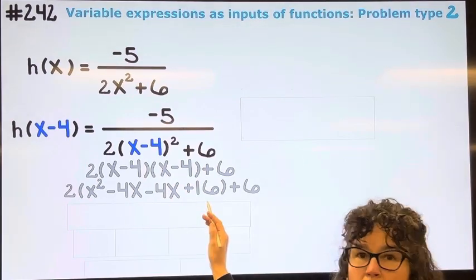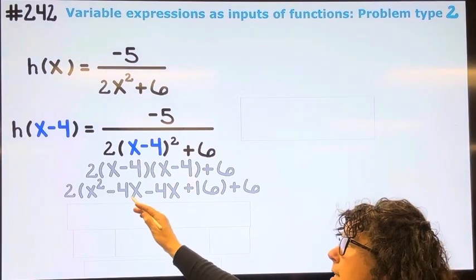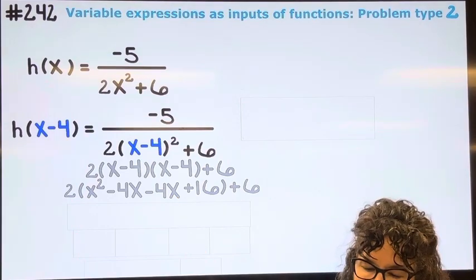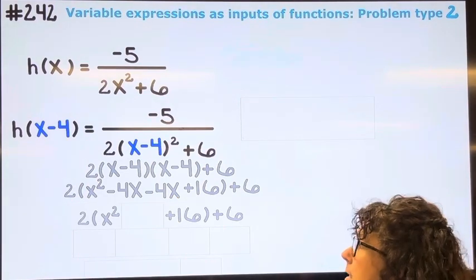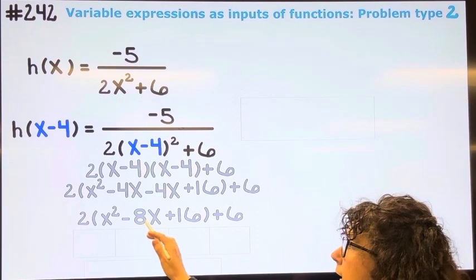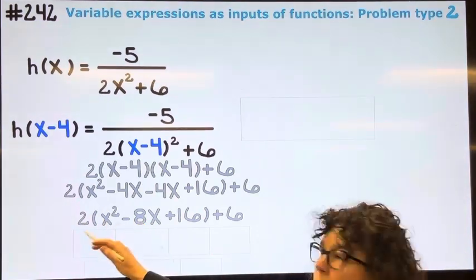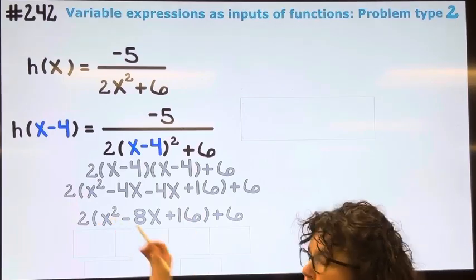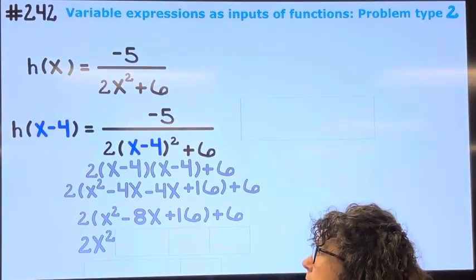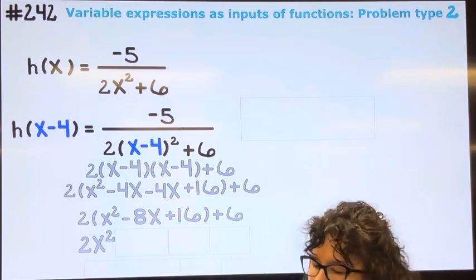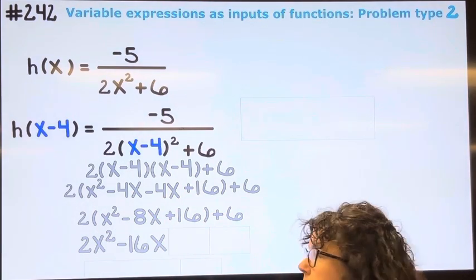We can simplify what's inside the parentheses, negative 4x and negative 4x. That makes negative 8x. Now let's distribute the 2 through. So 2 multiplied by x squared is 2x squared. 2 times negative 8x is minus 16x.